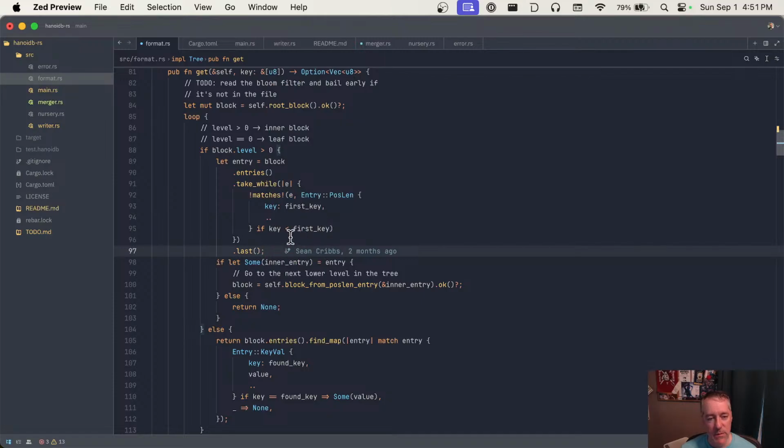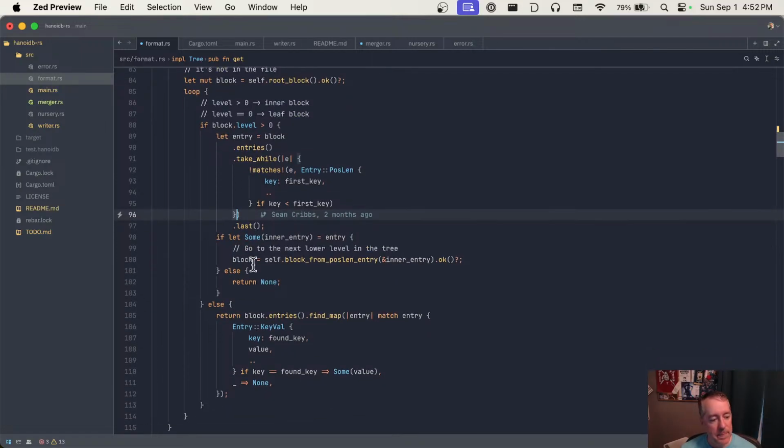This logic is hard to explain. Basically, we want to find the first entry that could contain this key, and then we take the last one. Right, and then if there are none, so like if it is before the first key in the database, then we return none. Otherwise, we've got a block, and then we continue the loop.